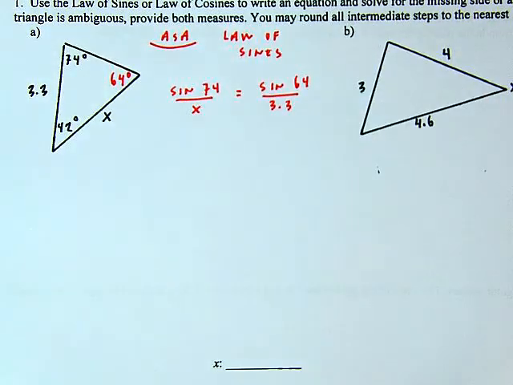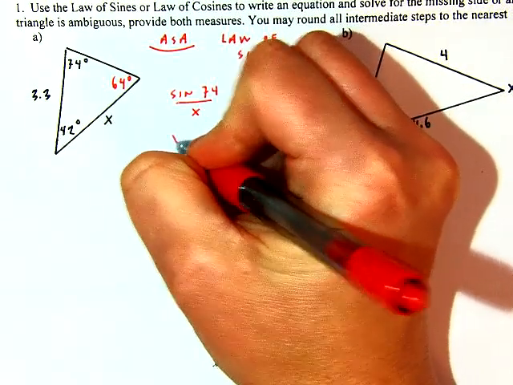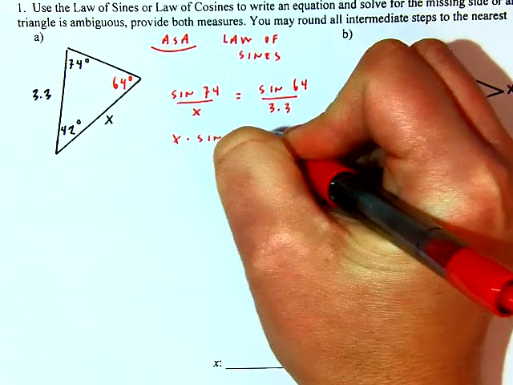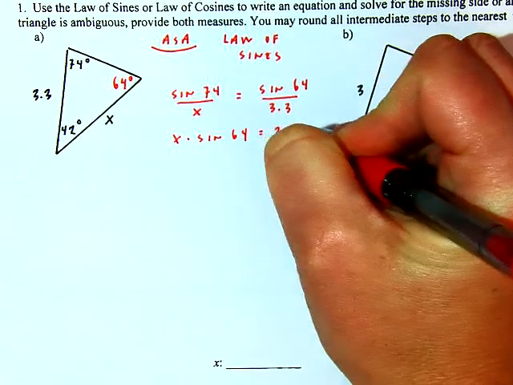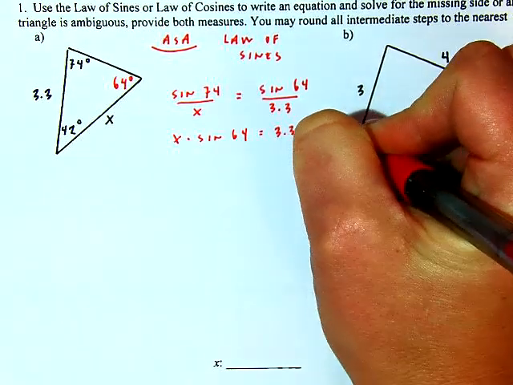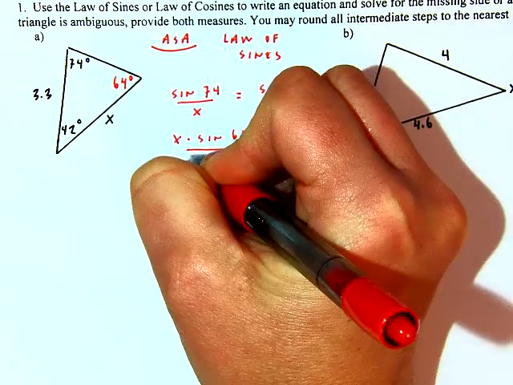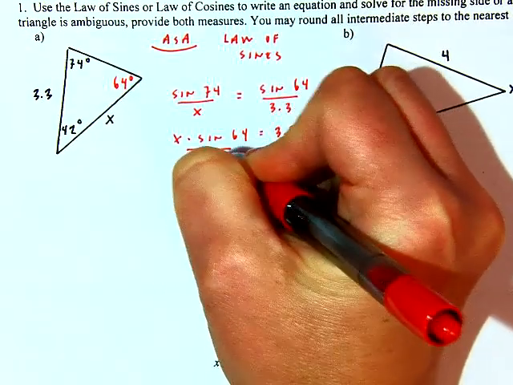So now I have a beautiful proportion. I just have to cross multiply. So x times sine 64 equals 3.3 times sine 74. And then on both sides I'm just dividing away the sine 64.